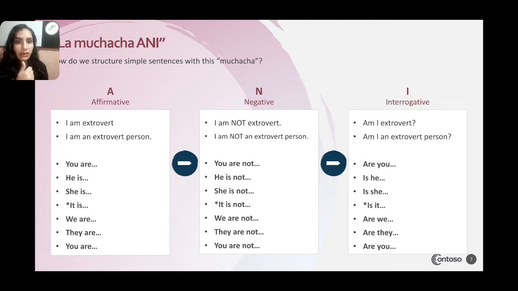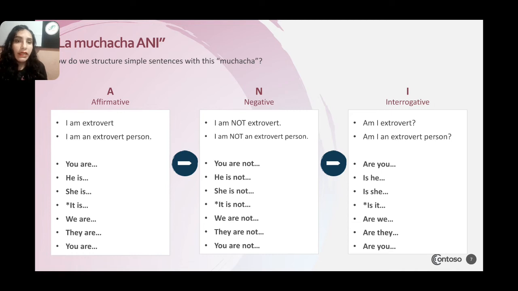The first section, affirmative, I can say it, remember, in a short sentence or a large sentence. You have there the example, I am extrovert, in a short one. Or, I am an extrovert person, in a larger one.